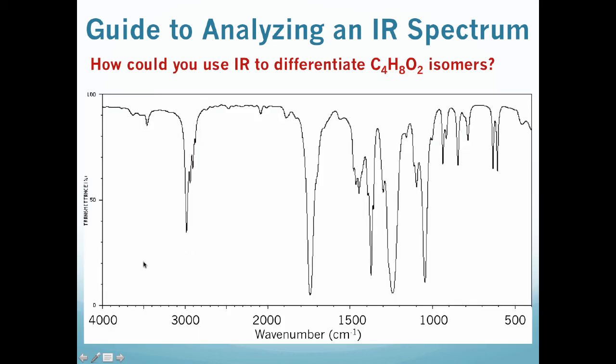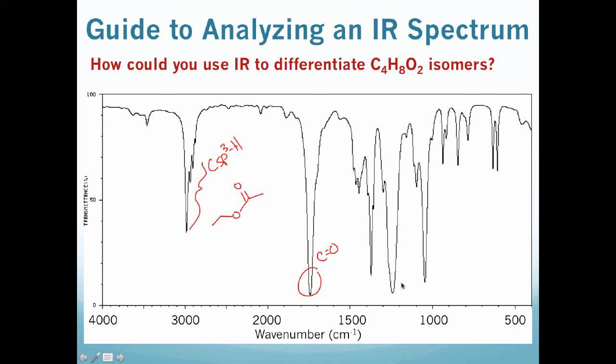In this first one, the first thing you should see is that there's no OH stretch. So most likely this is going to correspond to the ethyl acetate, because this compound wouldn't have an OH stretch. But what we do see is the carbonyl, and some C sp3 H stretches.